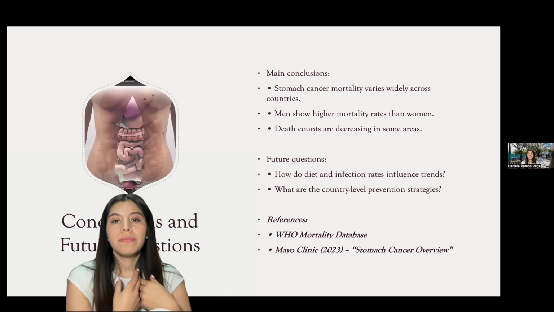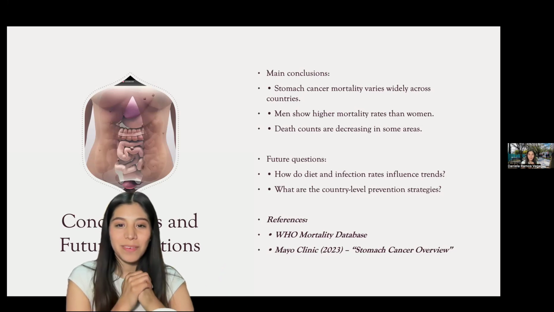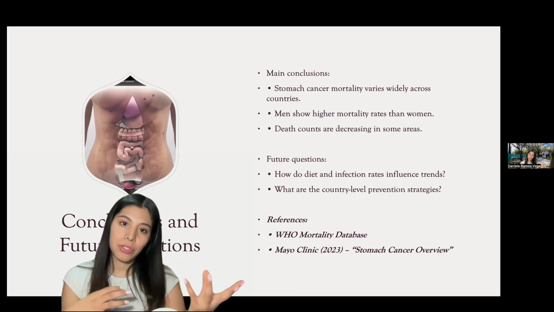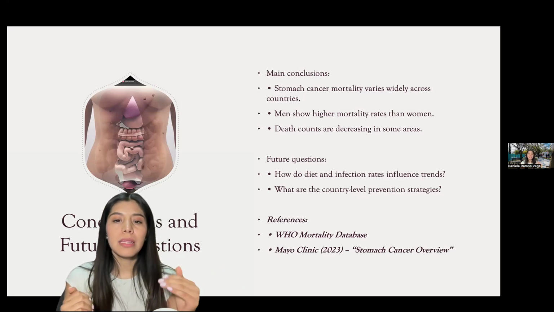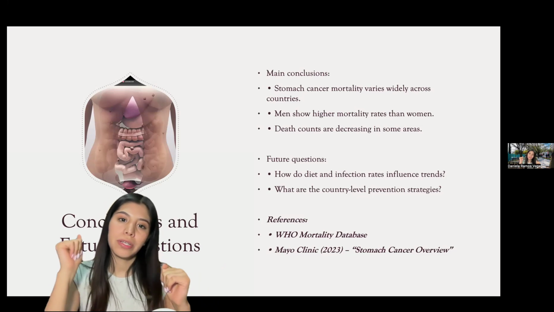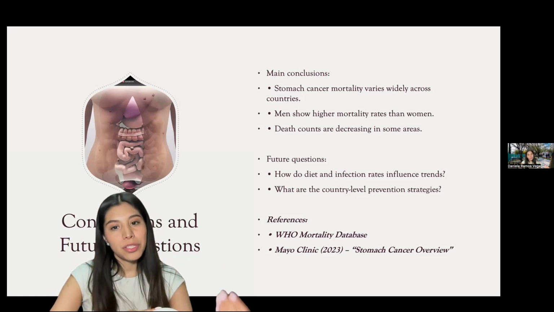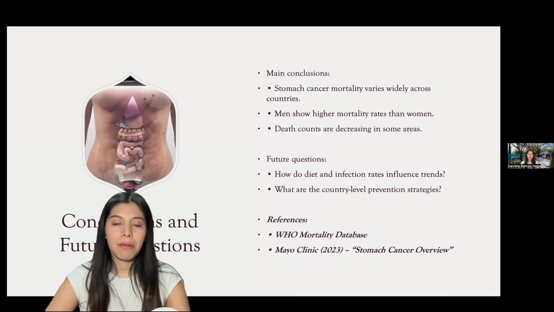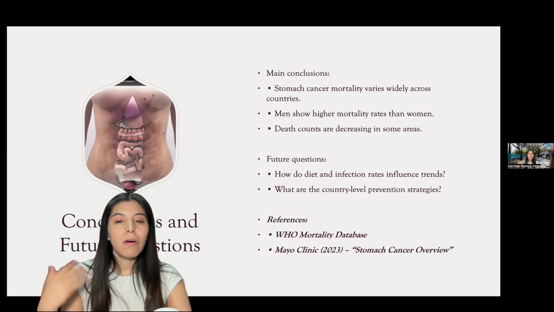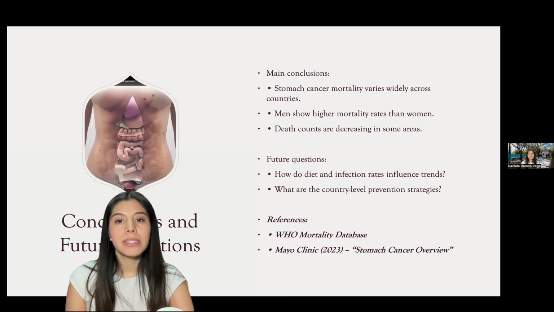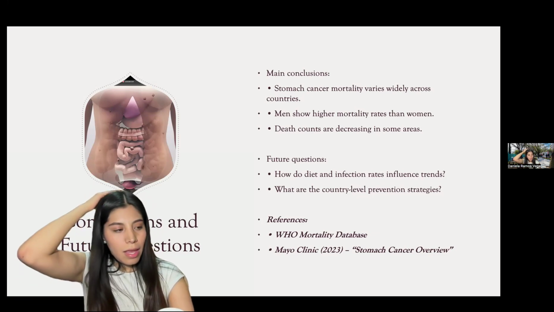And the data confirm that men are more affected than women, which matches global medical literature. The combination of biological risk factors, lifestyle choices, and healthcare access all play key roles in these differences.